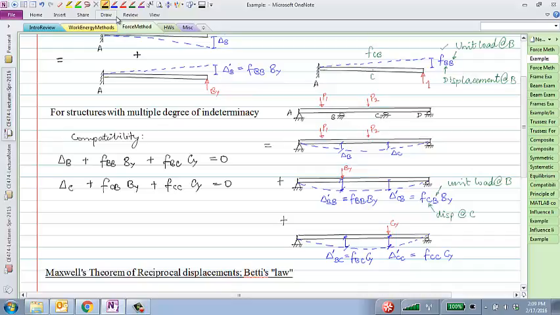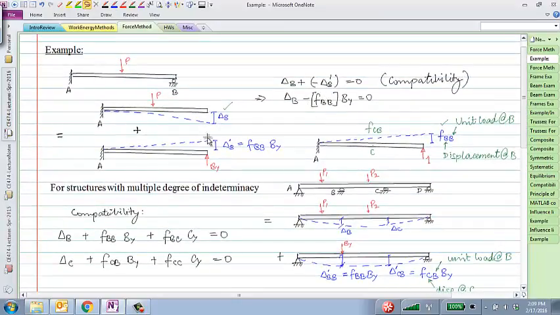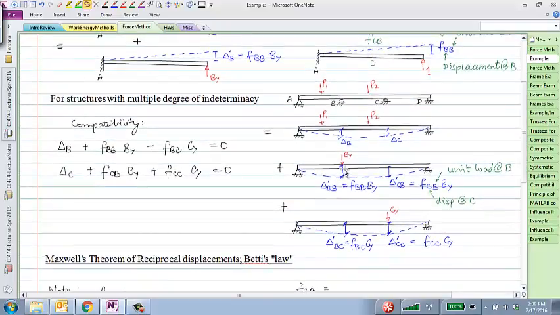So that just says that By and Cy should actually be pointing upwards, not downwards, the way I have drawn it. The sign of that term in the previous case was negative because I had applied By pointing up in the previous case. Right now I'm applying By pointing down. So the idea is that the total displacement under the action of all of these forces should be 0 at point B and at point C.